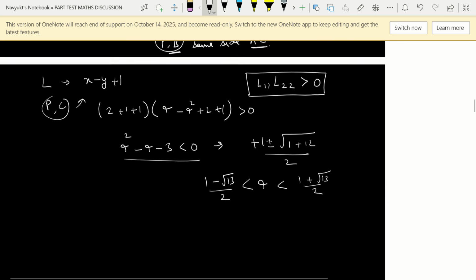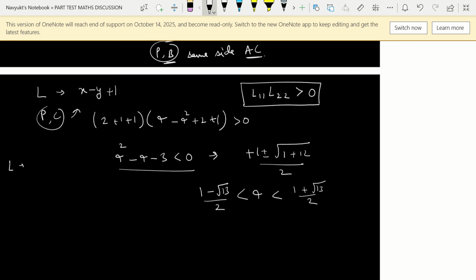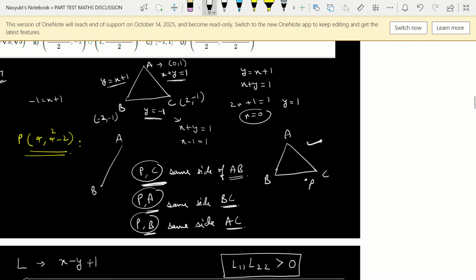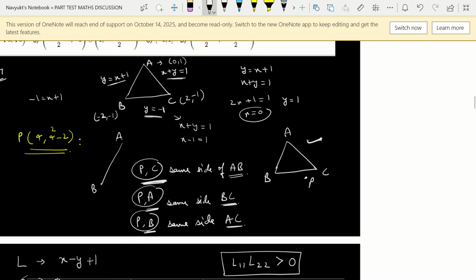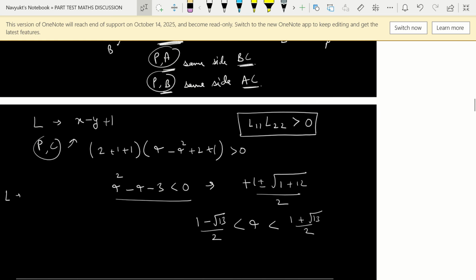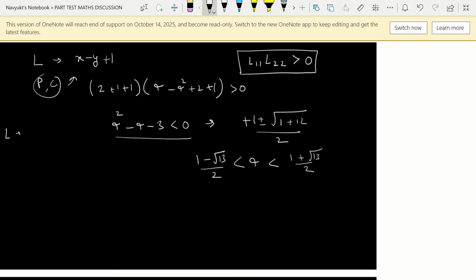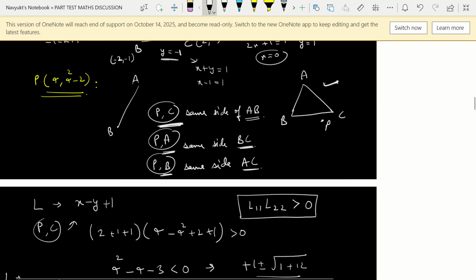Then the same way we will solve for another line, let's say we'll take line AC. So we'll take points P and B. What is point B? (-2, -1). What is AC? AC is x plus y equals 1, which we can write as x plus y minus 1, the generic way of writing a line, correct?